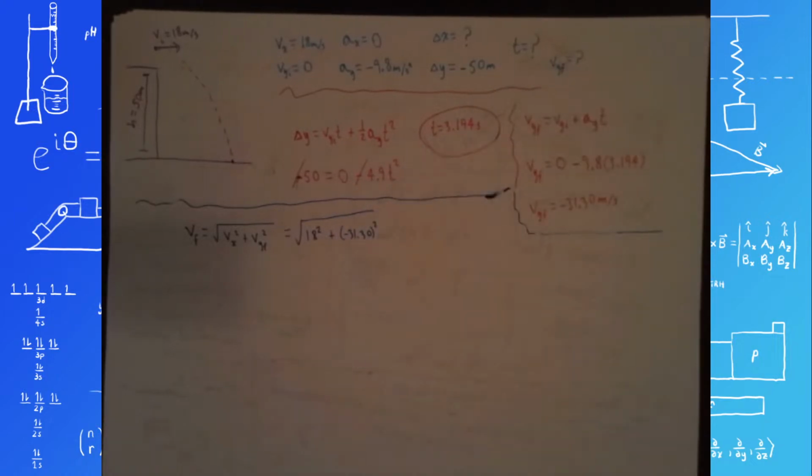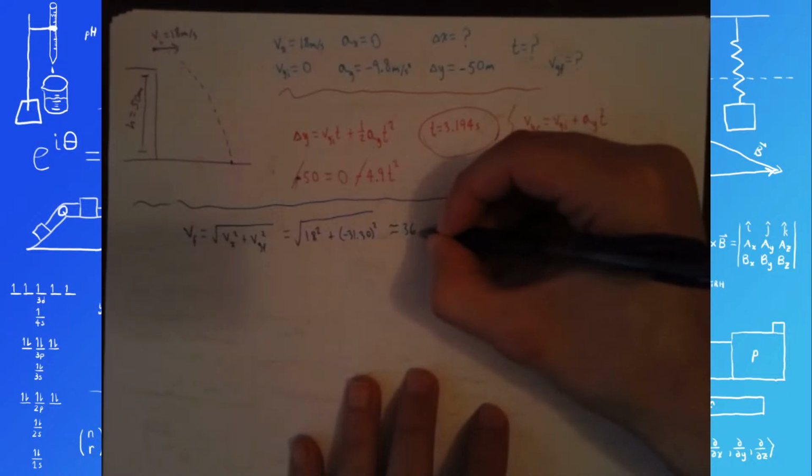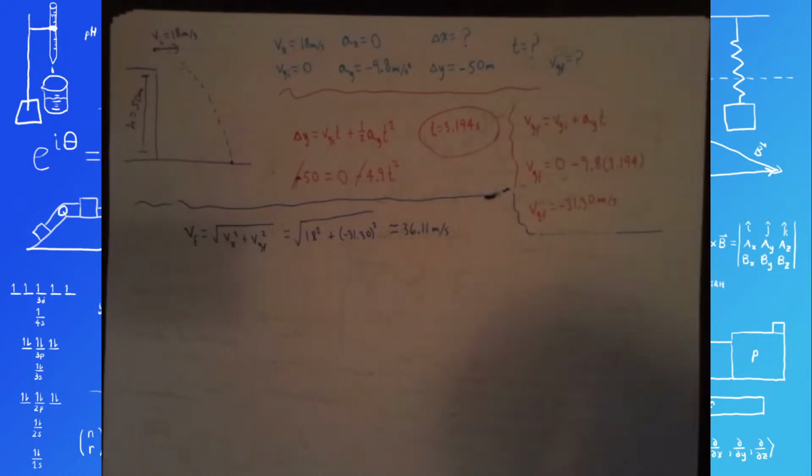I can drop the negative because when you square it, it disappears anyway. 18 squared plus 31.3 squared is 1303.69, and if I take the square root of that, I get 36.1066. I'm going to say 36.11 meters per second. That's the magnitude.